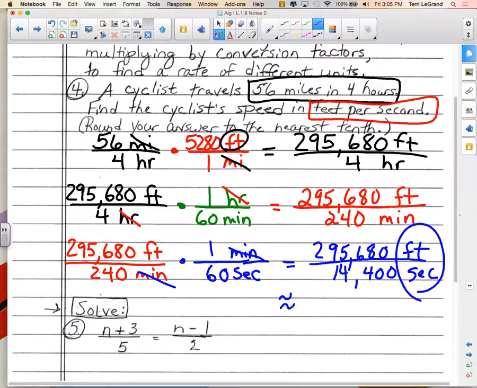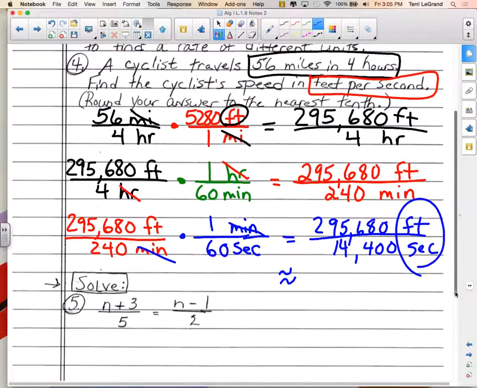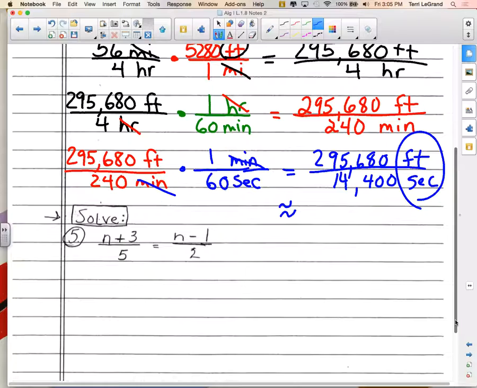Okay, and we have to use our approximately equal to sign because we're rounding. 20.5, do you guys agree with her? Approximately 20.5 feet per, well that's a T, not an F, second. In this one, you probably would get away with FPS. I think they do that too.